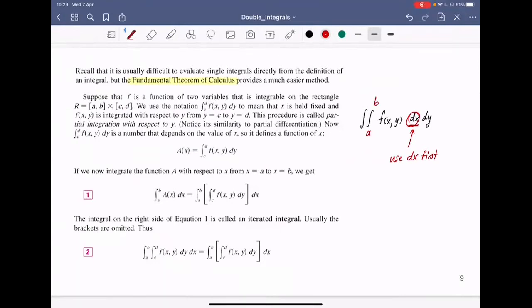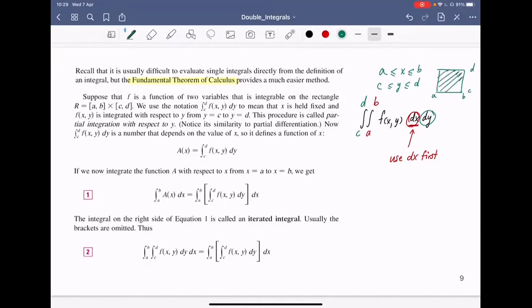So you integrate with respect to x from a to b, and then with dy you integrate y from c to d. This is going to be the notation: x from a to b, and y from c to d, and a, b, c, d are just constants. So at the end, you're going to get x from a to b, y from c to d.